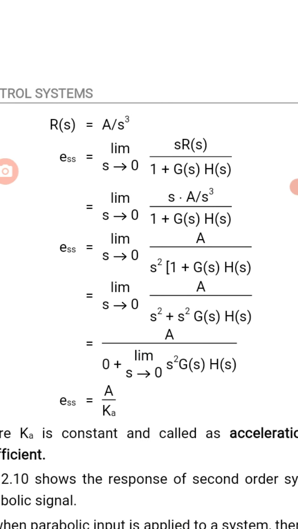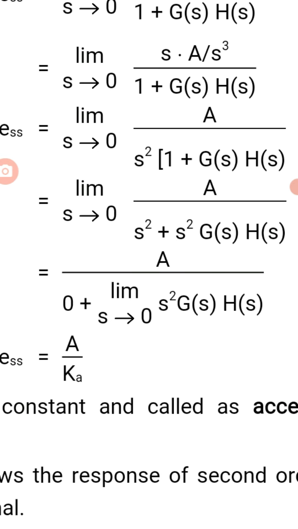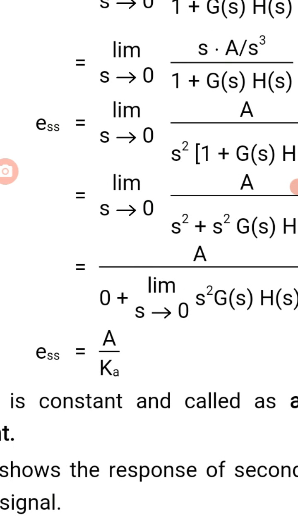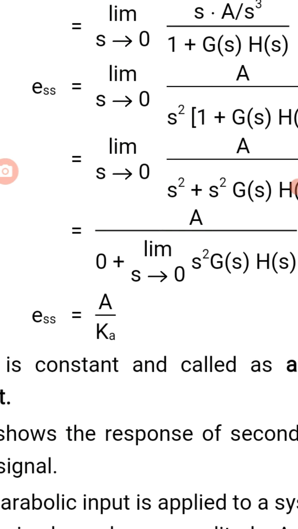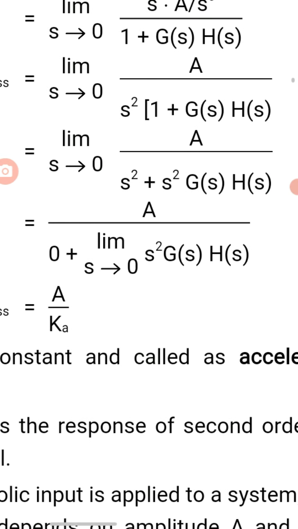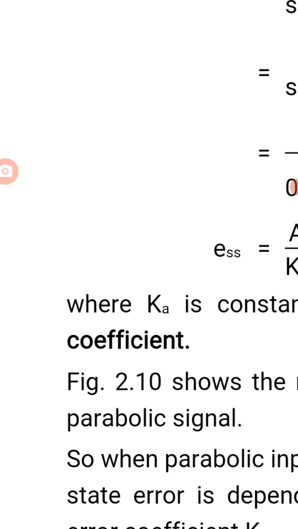So in error ESS, limit s tends to 0, s into R of s upon 1 plus G of s into H of s. R of s is replaced by A upon s cube, and so ESS is given by A upon 0 plus limit s tends to 0 s square into G of s into H of s, where Ka is given by limit s tends to 0 s square into G of s into H of s, and so ESS is given by A upon Ka.